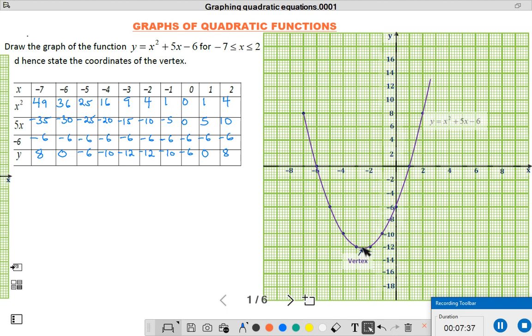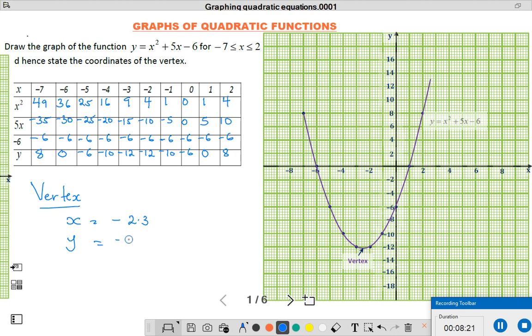So our vertex here, if you look clearly, our x coordinate is going to be negative 2.3. So the vertex x is negative 2.3, and the y coordinate, when you look properly, is negative 12.4.